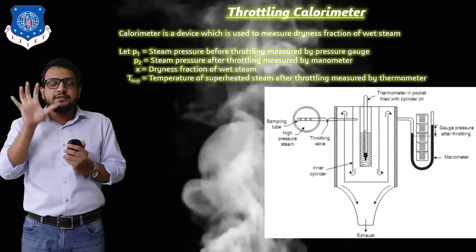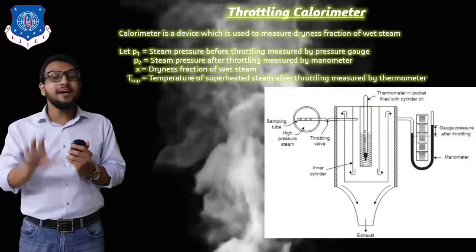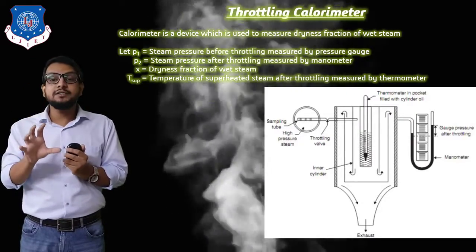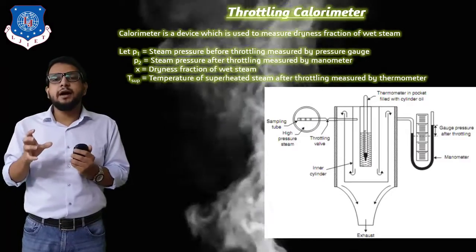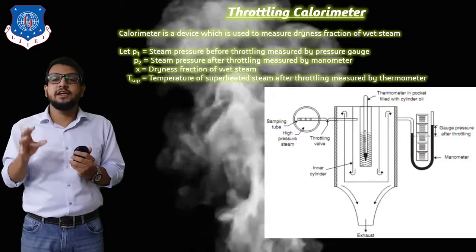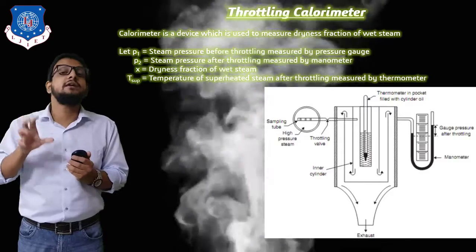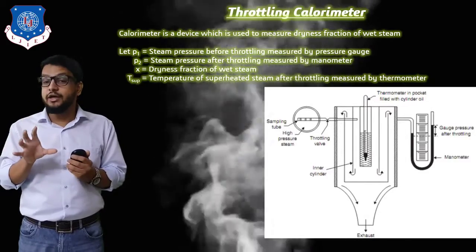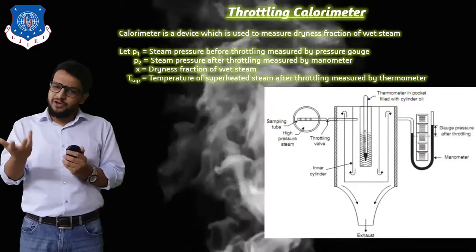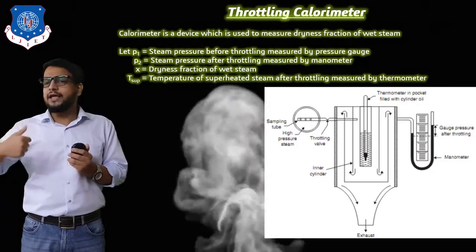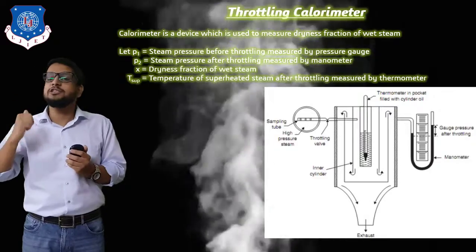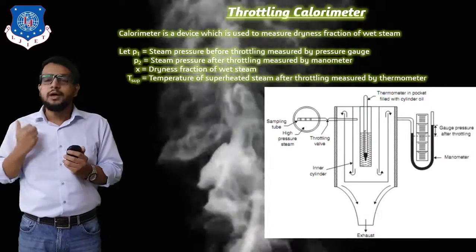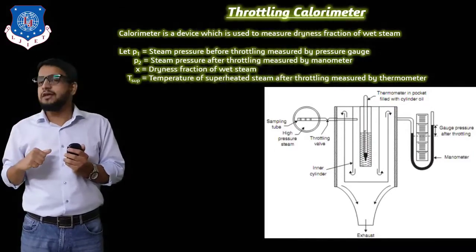So basically the purpose of this U-shaped vessel within the cylinder is to increase the path of the superheated steam. By increasing its path, superheated steam can stay for a longer period within the cylinder, that is, within the calorimeter. The longer the period of the superheated steam, the more accurate will be the temperature noted by the thermometer, and even more accurate pressure we can obtain by using a U-tube manometer. For that purpose, the U-shaped vessel is provided.